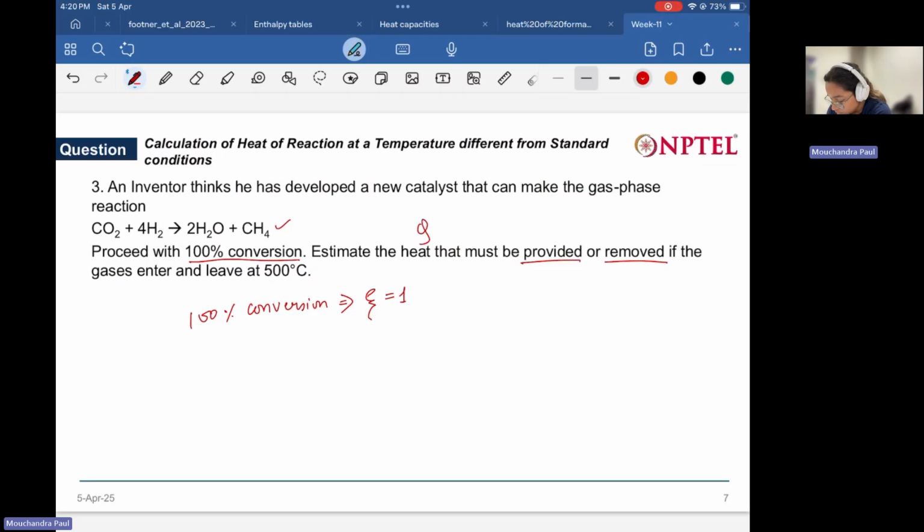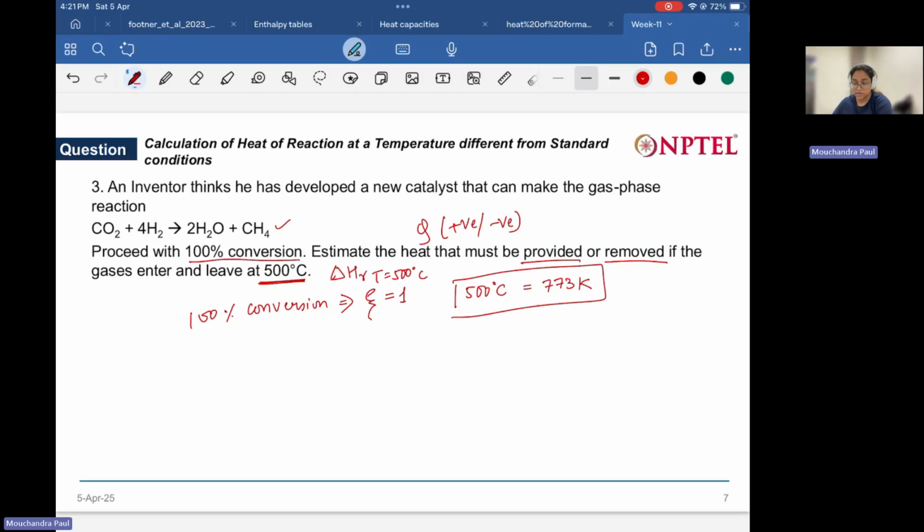So Q can be either positive or negative value if the gases enter and leave at 500 degrees Celsius. So you have to basically calculate the heat of the reaction at temperature 500 degrees Celsius, which is equivalent to 773 Kelvin. All right. So we have to calculate the heat of the reaction at 773 Kelvin.